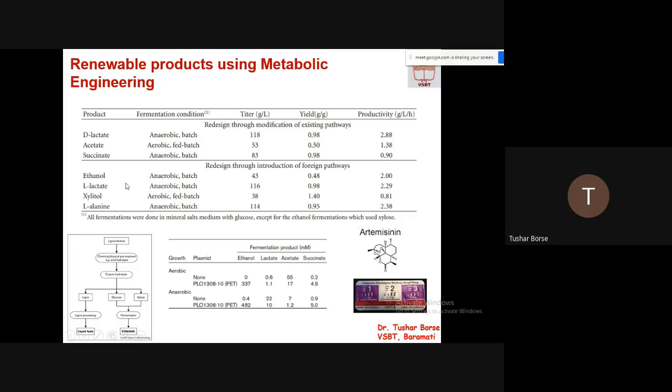So it could be ethanol, lactate, xylitol, alanine, etc. Although this could be the fermentative process, these are some of the examples. If you look at this diagram, I got it from Current Opinion in Biotechnology. There was one research article in which this information is given.